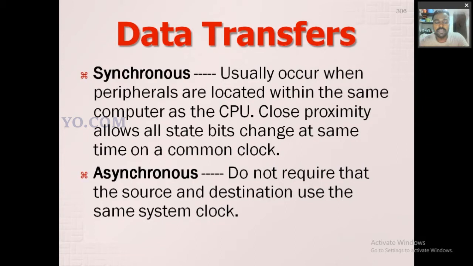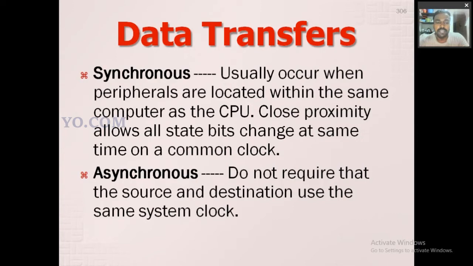Close proximity allows all states to be changed at the same time on a common clock. So synchronous means the same frequency or same clock is used in all the devices, all the ICs or all the chips. All the ICs are operated at the same frequency.